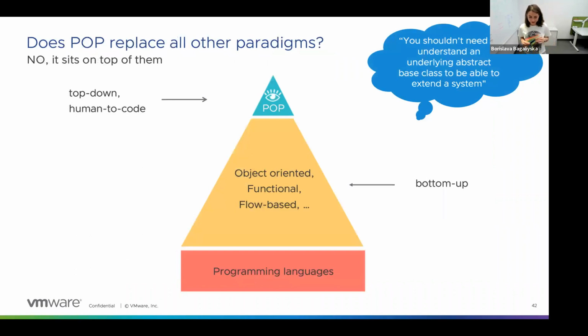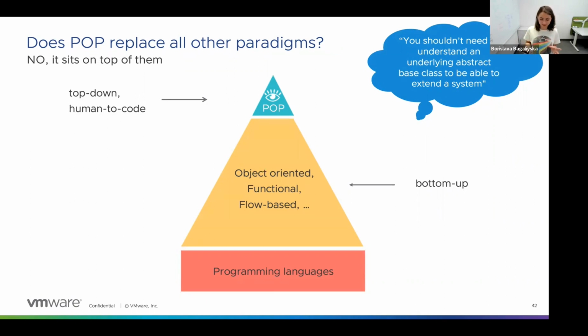And here is the question of, does POP replace other paradigms? Should we not ever write object-oriented code? The answer is no. I wouldn't advise such a thing. The thing is that POP kind of is one layer above all else.